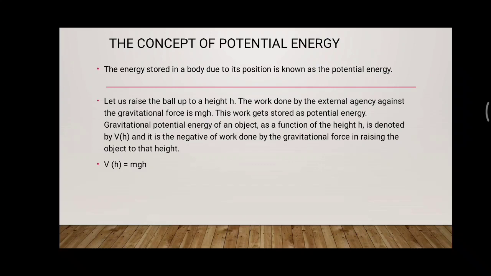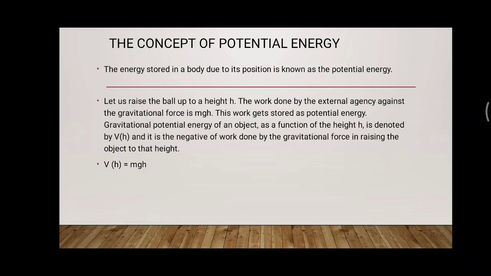That means when the ball reaches a height of h, the stored energy in the ball is equal to mgh, where mg is the force acting upon the ball by the gravitational force, m is the mass, g is the acceleration, and the displacement is h. So m into g into h.